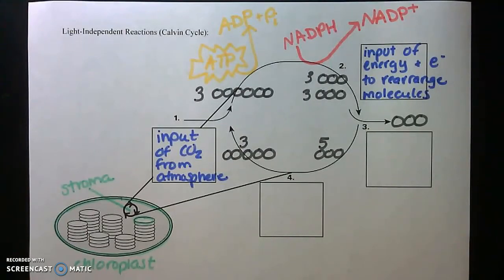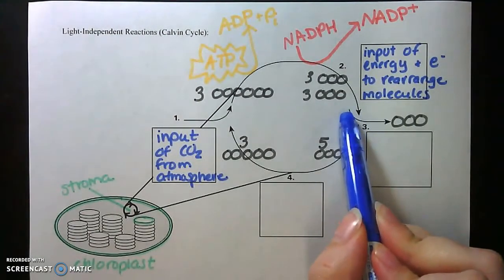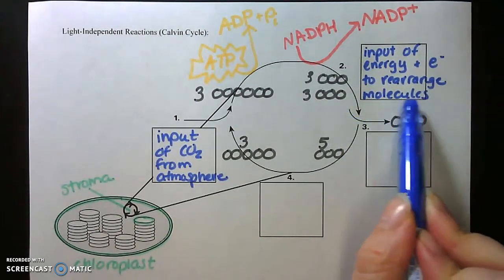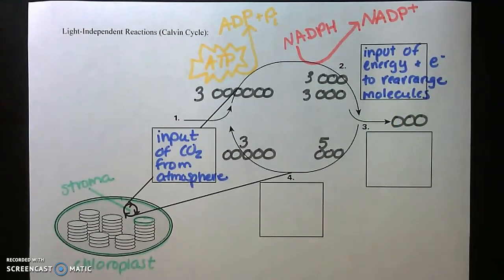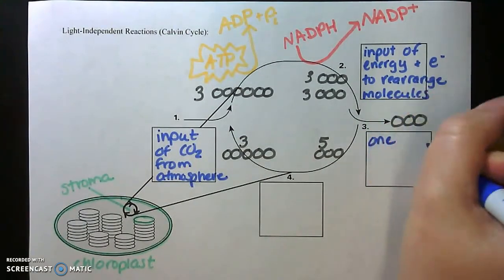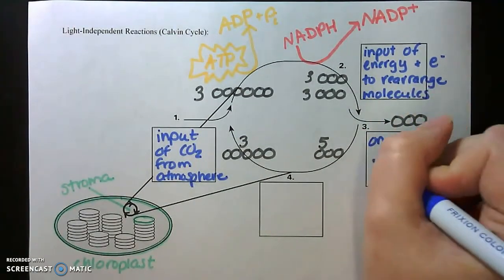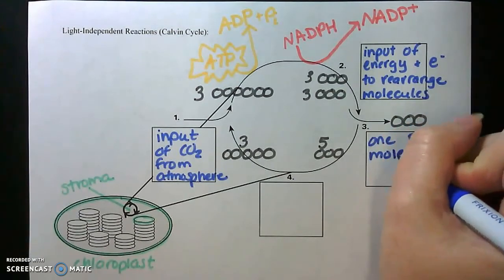So now that brings us to step 3. I think step 3 is pretty obvious from the diagram, because we have this arrow leaving the cycle and it's showing a 3-carbon compound leaving. And that's exactly what it is for step 3: 1 3-carbon molecule leaves the cycle.